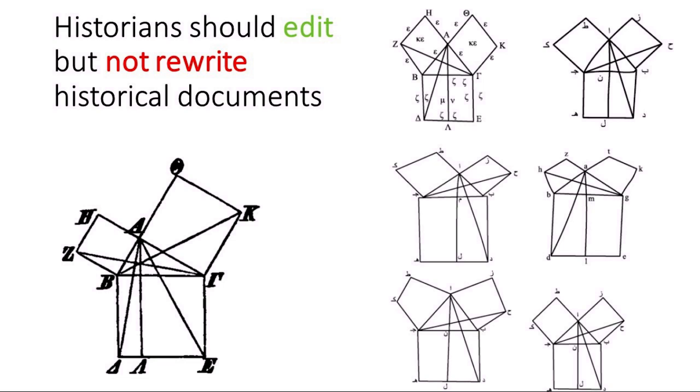We should edit the diagrams, but not just redraw them in the modern schematic sense as we see at the left of the screen. We should pay attention to the actual forms of the diagrams as they are given to us, although they may have to be edited.